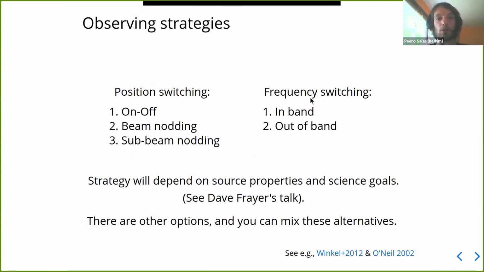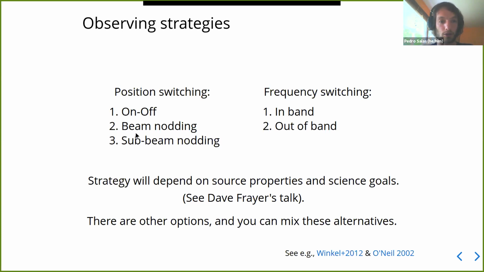So moving on, I mentioned that we're going to measure on the source and off the source or at a reference frequency. So there are two methods for doing this, as Dave mentioned in his talk. One of the strategies you can use is just moving the telescope or moving the beam of the telescope in what's known as position switching, where people usually talk about on-off observations.